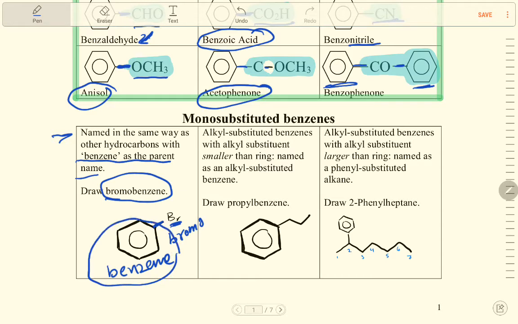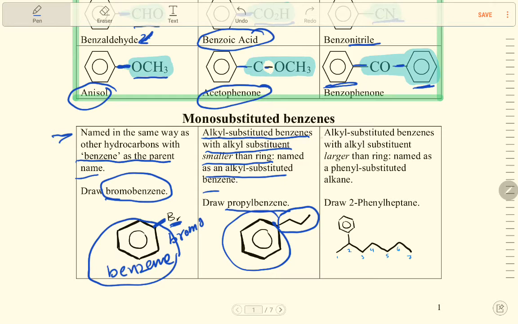Benzene is the parent and bromo is a substituent. This one is propylbenzene. Alkyl substituents smaller than the ring are named as alkyl substituted benzene. So that's the rule.